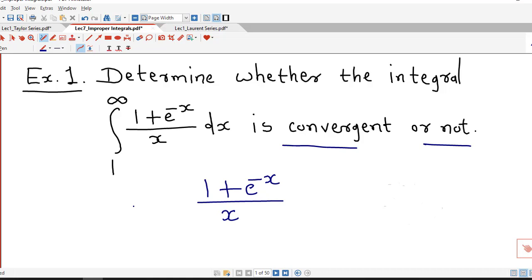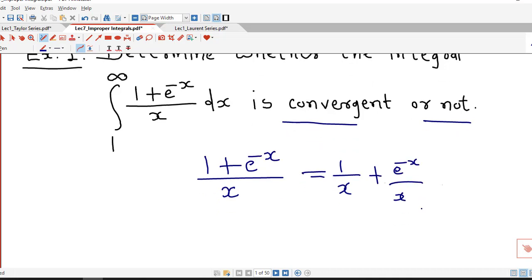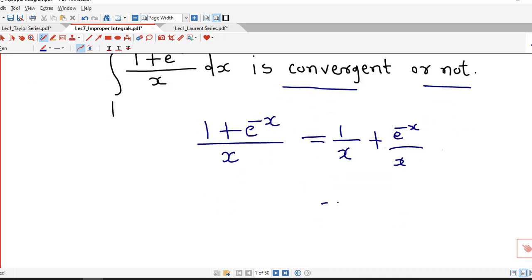To apply the convergence test, we have to find another function whose behavior is similar to the given function's behavior. So this we can rewrite as 1 by x plus e raised to minus x by x. And if we observe, this second term can be rewritten as 1 over x into e raised to x.